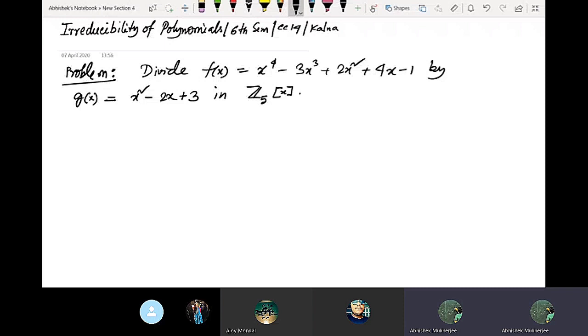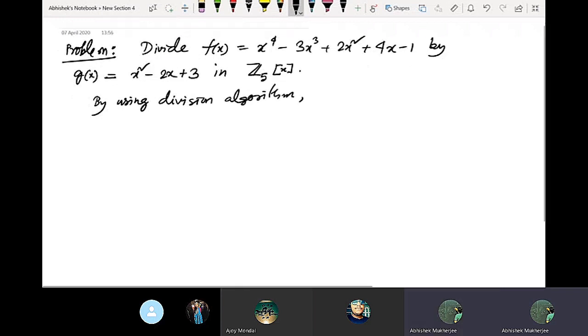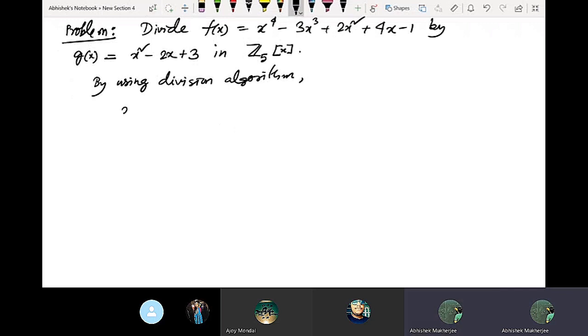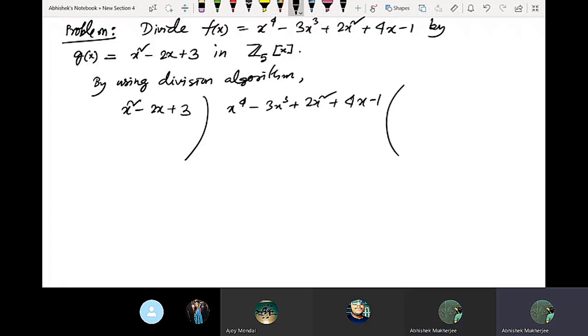Okay. So by using the division algorithm, what shall we get? We divide x to the power 4 minus 2x square plus 1 by x square minus 2x plus 3. We follow the normal division process, what we have done earlier.